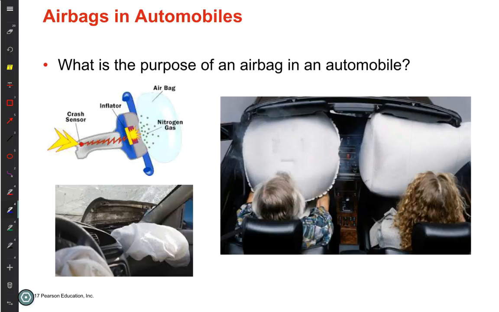The balloon has big holes in the back so that it will immediately deflate. But how fast does that balloon deploy toward you? 200 miles an hour or so. That's why it hurts. If you're short, it can actually be a safety issue because you want it to have reached its full expansion before you hit it, not hit it while it's coming out at 200 miles an hour.